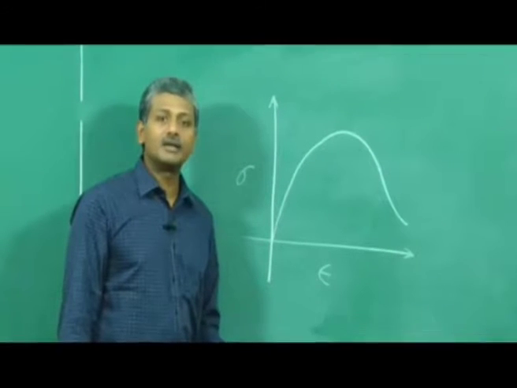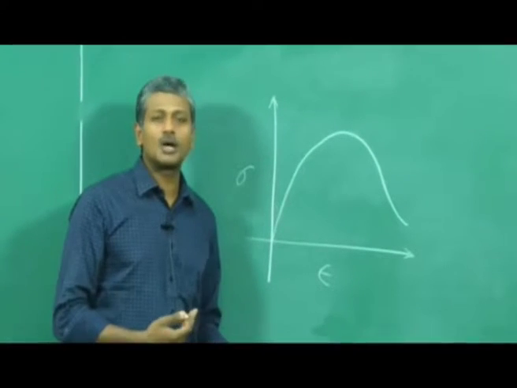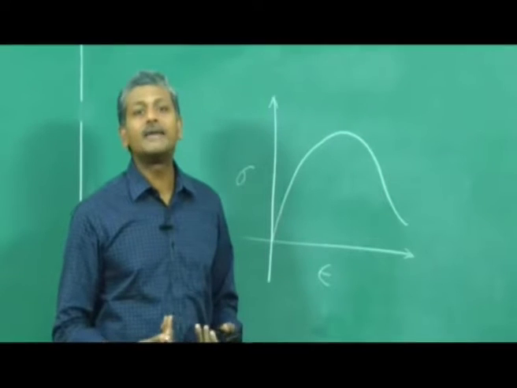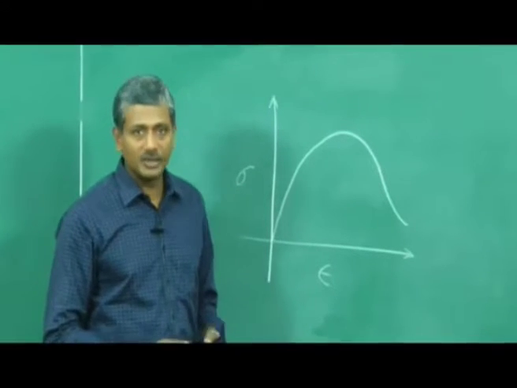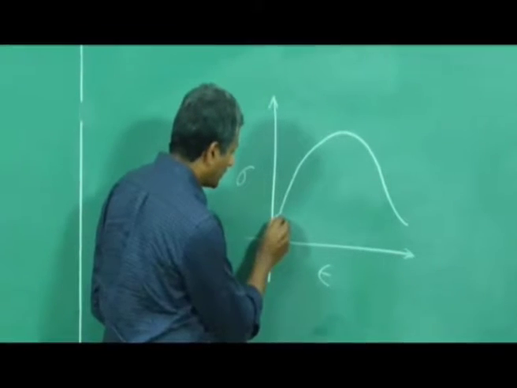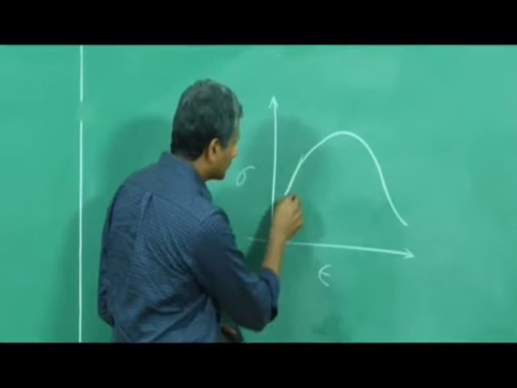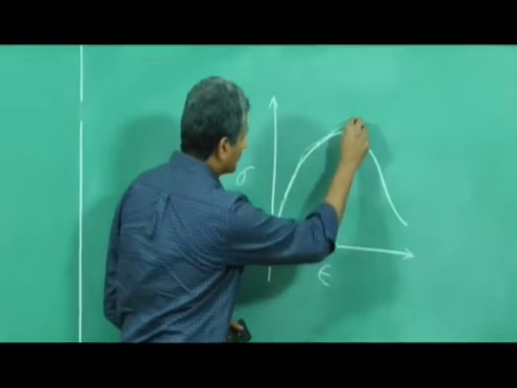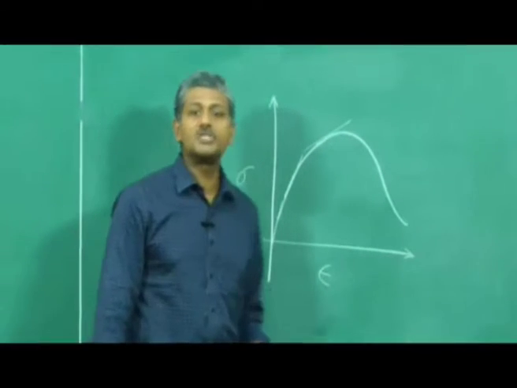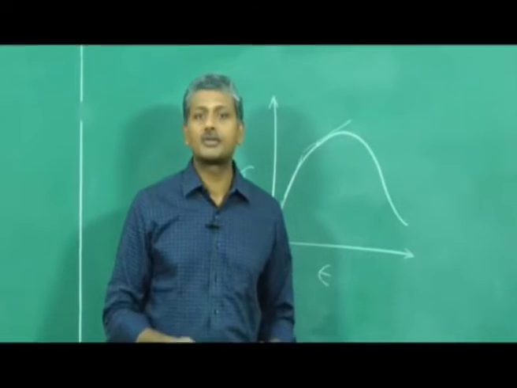So you can't really truly define a yield point of the concrete. If I take the slope of stress versus strain at any given point, the slope keeps changing as my load changes. That is because of the non-linearity.